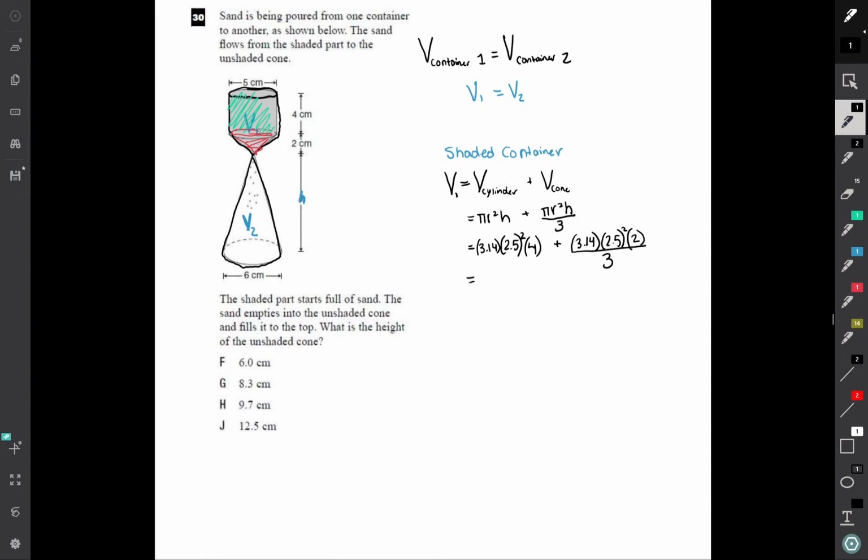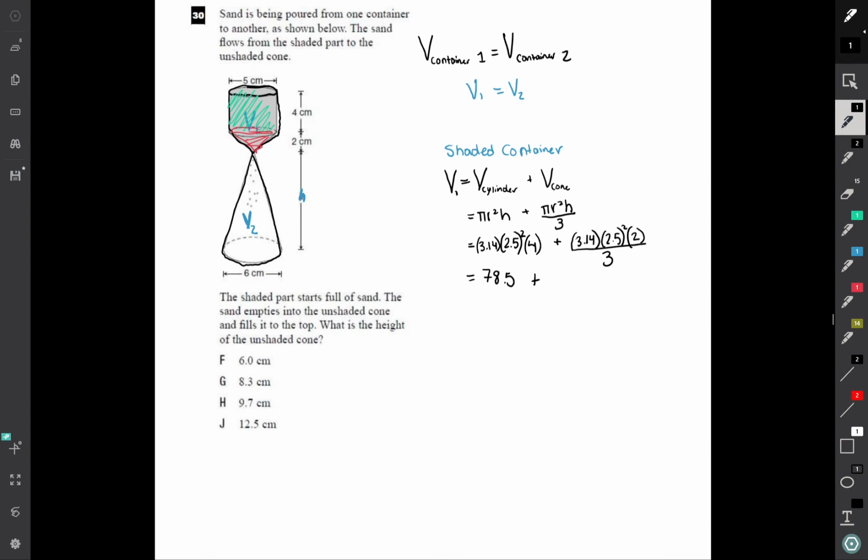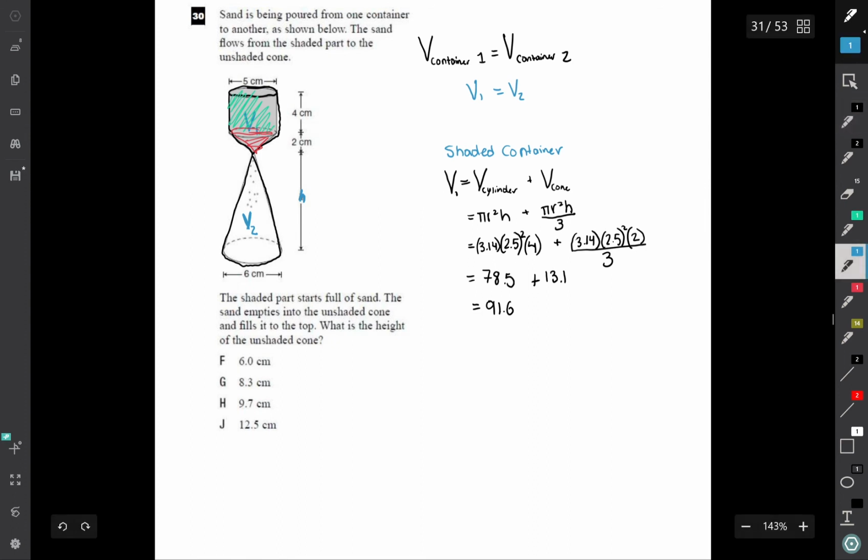I'm going to get 78.5, plus 2.5 squared times 3.14 times 2, all divided by 3, which is 13.1. So that leaves us with 91.6. That is the volume of container 1.